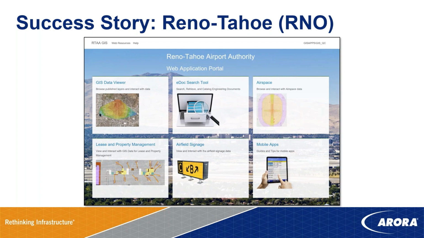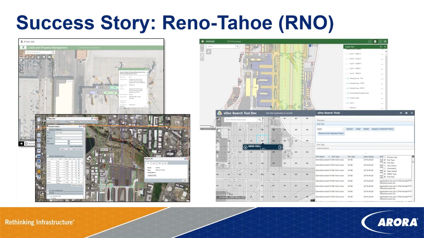This web application enabled the visual analysis of lease information, such as lease end dates and lease contact info. I guess let me say also that, when they click on the different portal applications, this is what you generally see. It takes you to the application that you're authorized for. So it's a great way to control permissions within the airport.